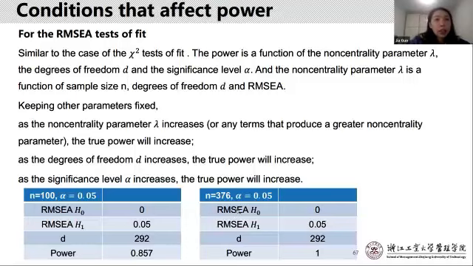Let's look at the following tables. Also, if we increase the sample size from 100 to 376, we can see the power increases from 0.857 to 1.